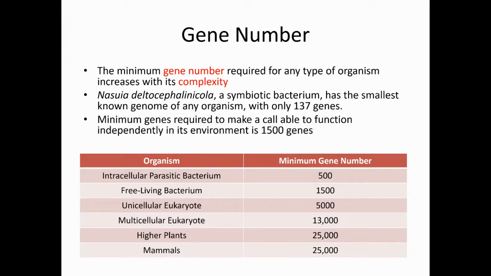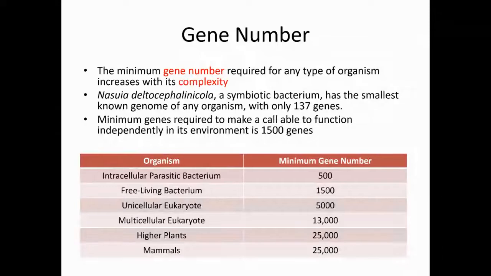For example, the symbiotic bacterium called Nasuia deltocephalinicola has the smallest known genome of any organism, with only 137 genes. And free-living bacteria have about 800 to 7,500 genes.